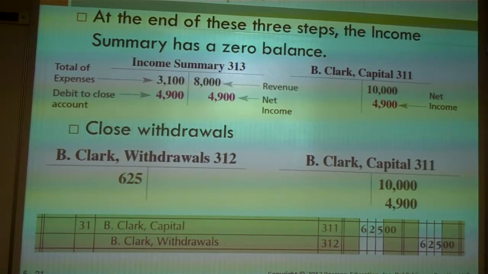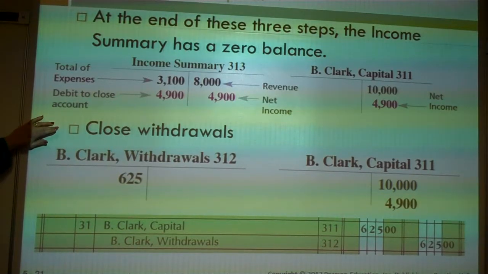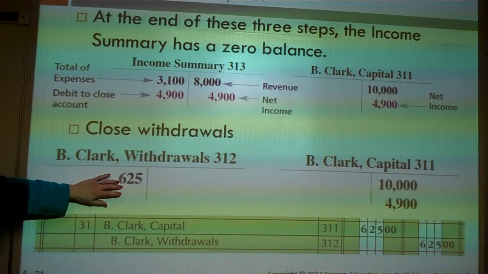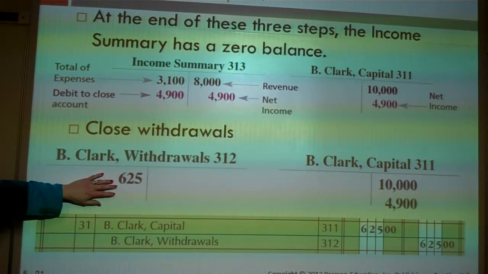The income summary has a 0. And then here's our last to close the withdrawals. What was our balance in the withdrawal account? $625 on the debit side. How do we bring that to a 0? With a debit or a credit, with a credit. And what will we debit?